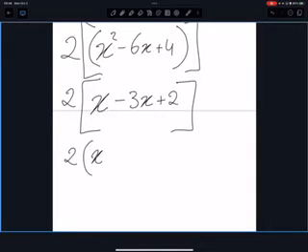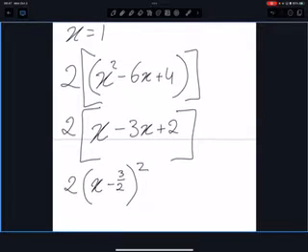Half of 3 is 3 divided by 2, 1.5. And then first step, you divide by the number up front.